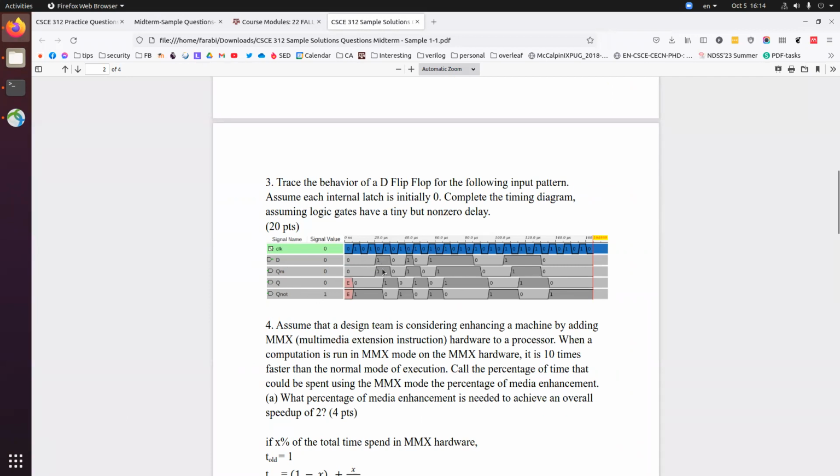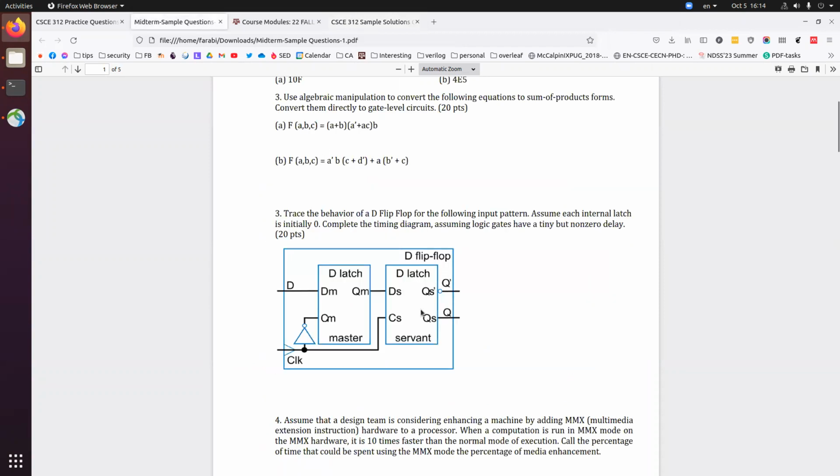So when D is changed, on the next rising edge we should also see this one corresponding to Q, because Q is activated at the rising edge. Remember that because of this circuit, QM is activated at the falling edge.